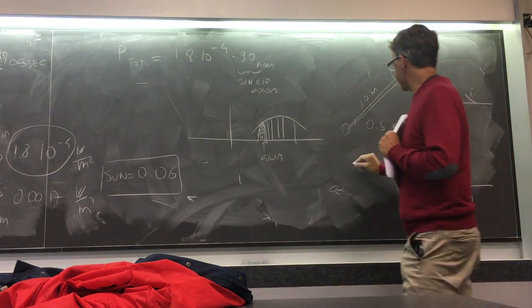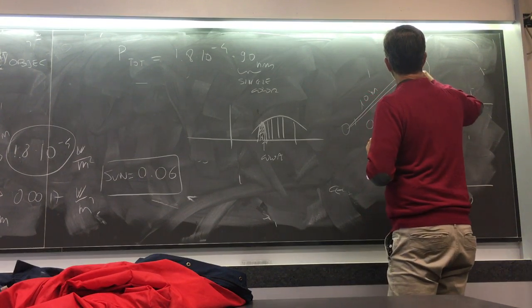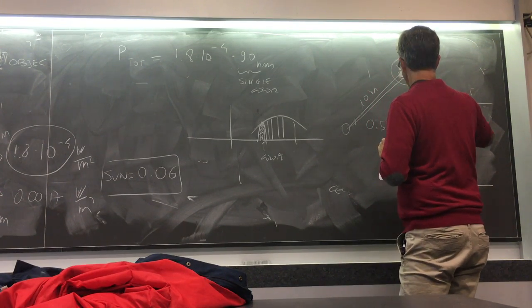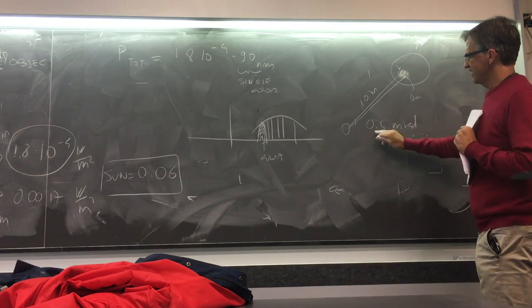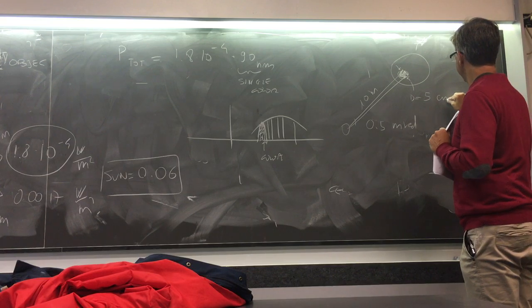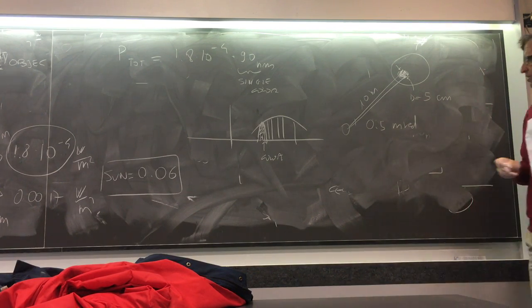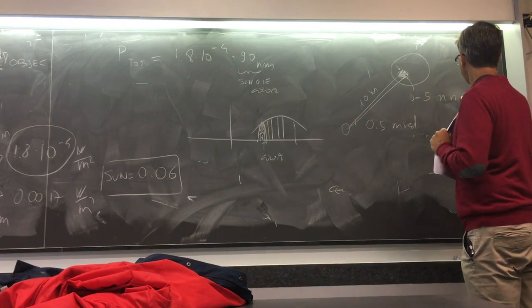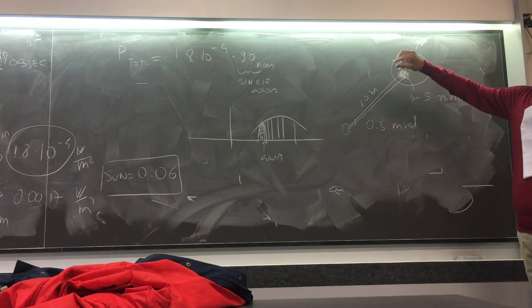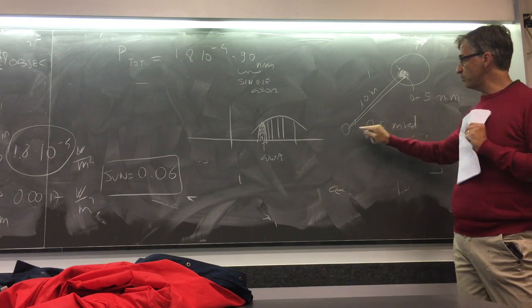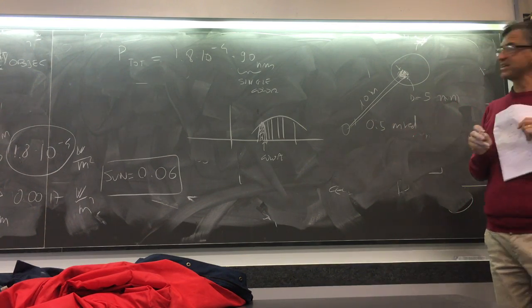At a 10-meter distance, my diameter D is 5 millimeter. 0.5 milliradians, if I remember, is a minimum angle that I can create, so it's a better resolution.